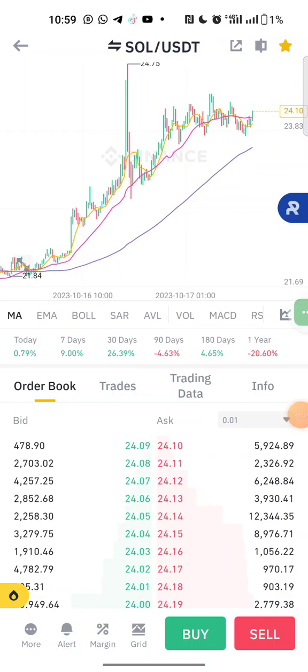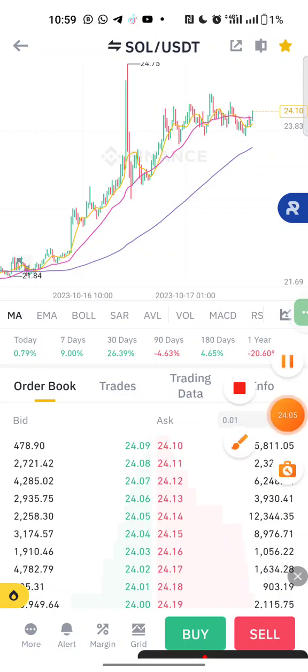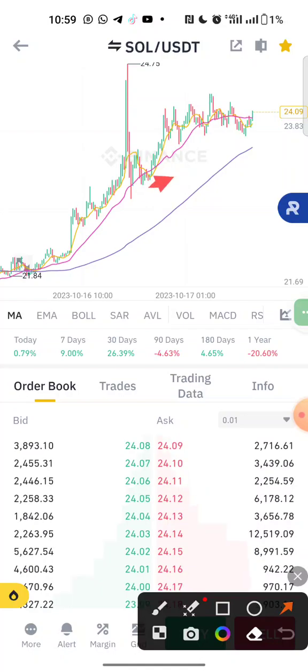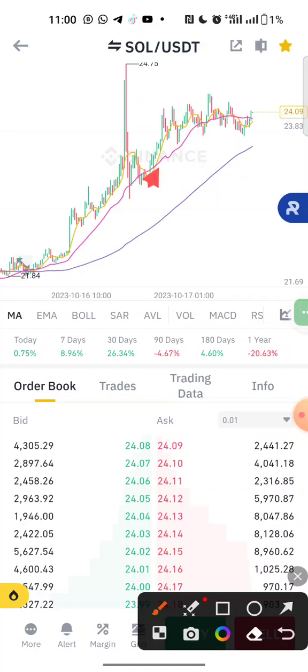Second, we use the moving averages to determine what we call a golden cross and what we call a death cross. What is a golden cross? A golden cross is when a small moving average, like you see here of 7, has crossed a big moving average of 25.